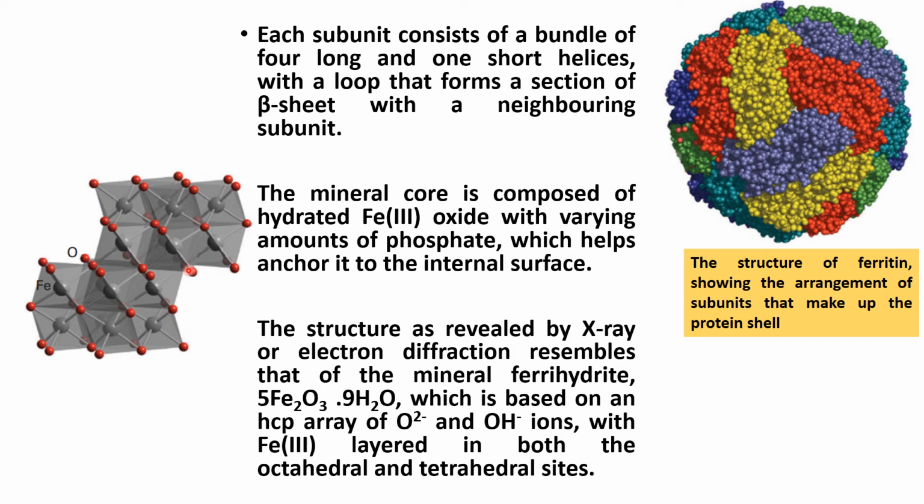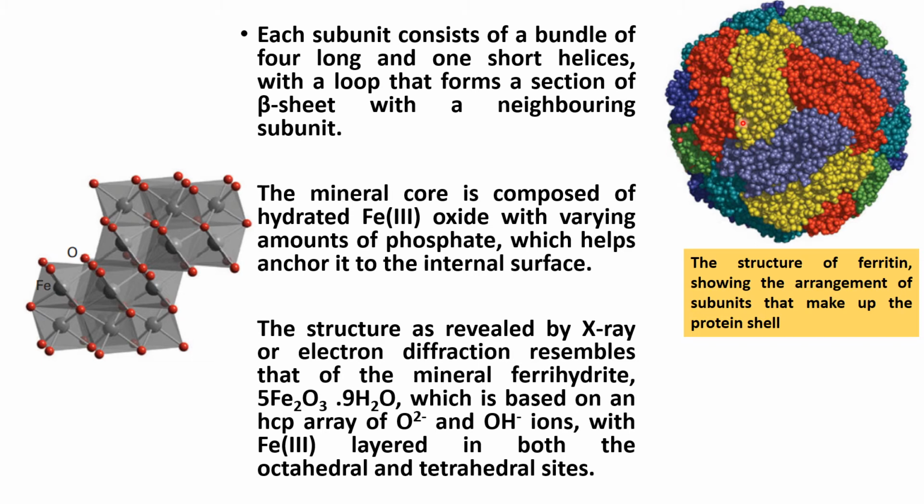We know the protein shell consists of 24 subunits, and each subunit consists of a bundle of 4 long and 1 short helices, okay, with a loop that forms a section of beta sheet with a neighboring subunit.